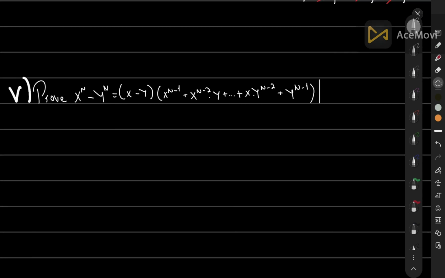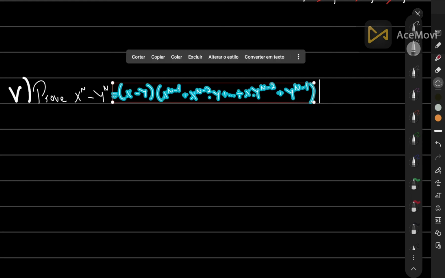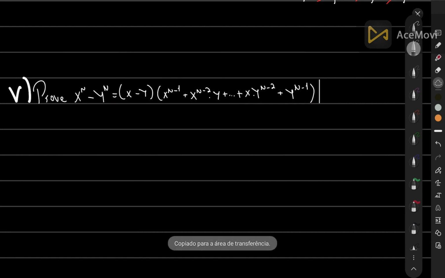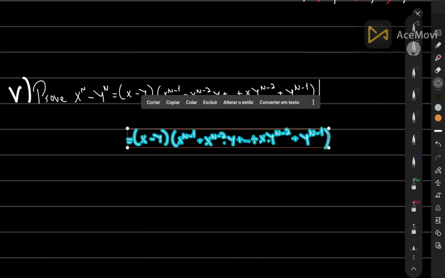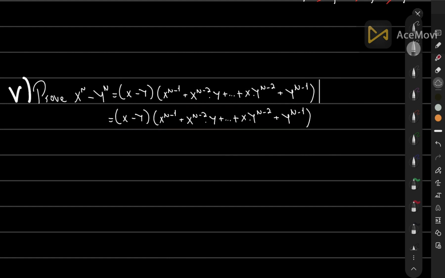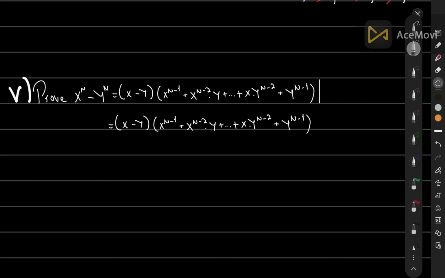So here we'll just have to think about the general case, which is a bit trickier, but we sure can get through it. So just copying it. And here we're going to do the same thing, honestly. Just distributing it and thinking about what we're going to get.